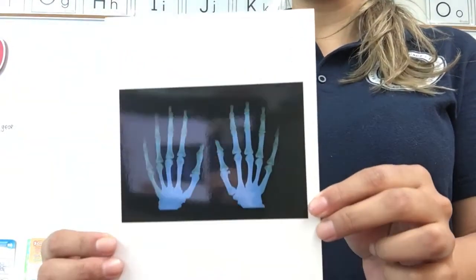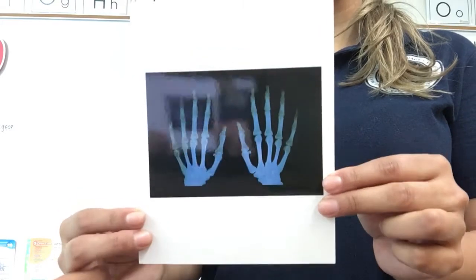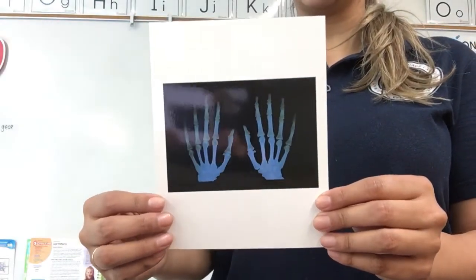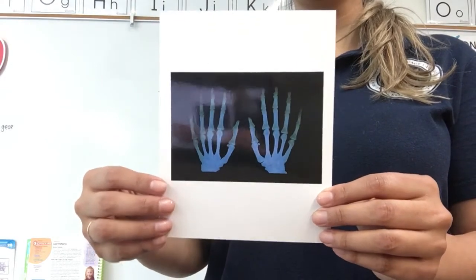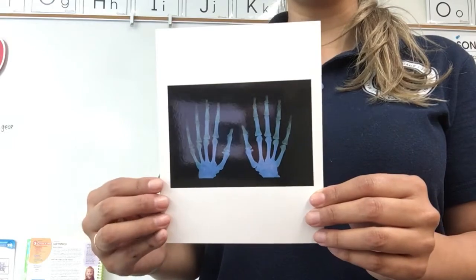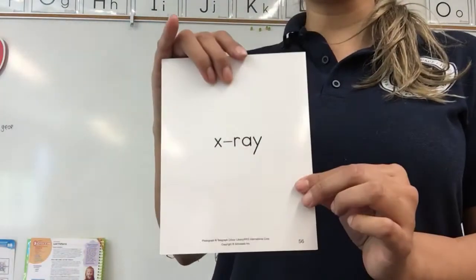If you've never seen an X-ray before, it is a picture of your bones, okay? It's a picture that they take with a very special camera at the doctor that can see through your skin and all of your muscles, and it takes a picture of your bones. So this is what an X-ray is.